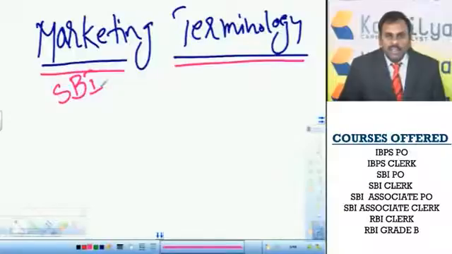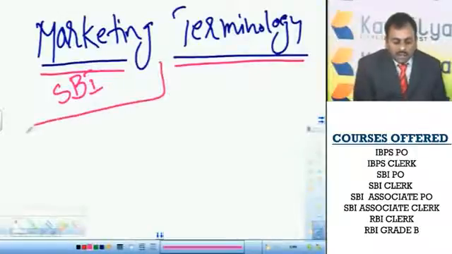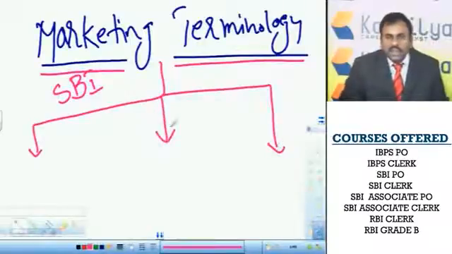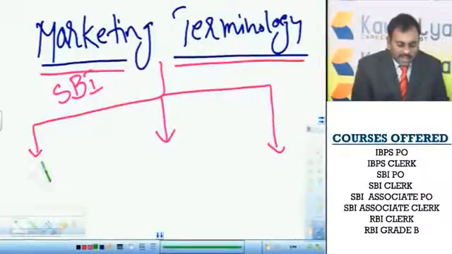You might be knowing this exam consists of 200 questions, out of which general awareness is around 50 questions. In this general awareness section, marketing is combined with 3 subjects: marketing, computer science and general awareness. So how many questions will come in marketing? It is categorized into 3 areas.